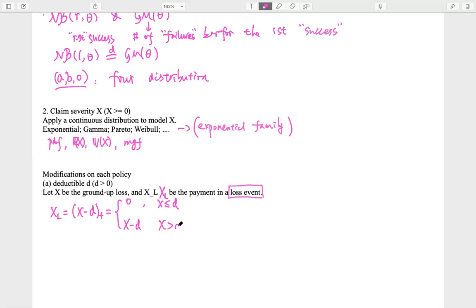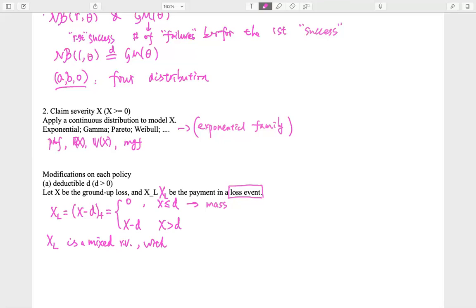It's very simple mathematics to separate this into two pieces. As you can see, once you introduce a deductible, what you cause is actually a probability mass down here, right? So our X_L will be a mixed random variable, right?